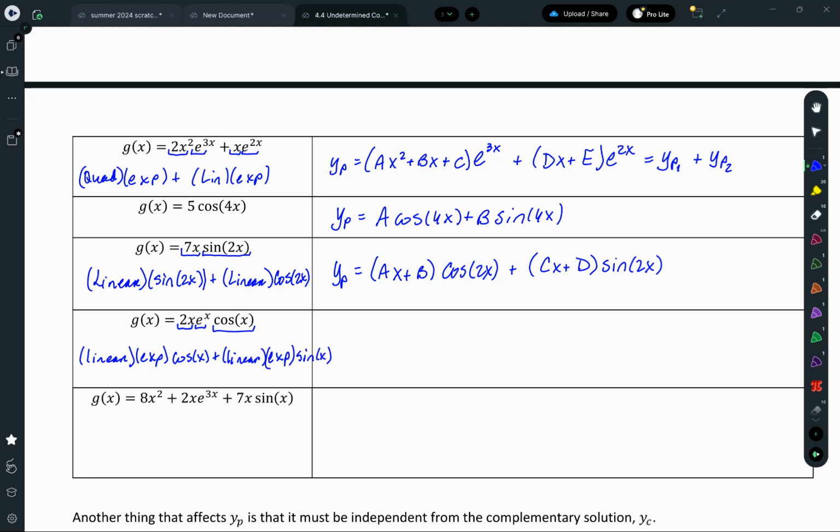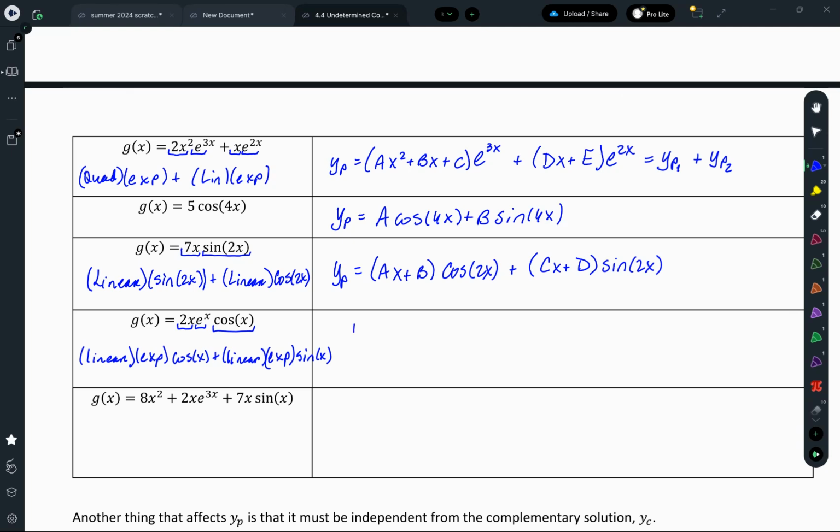Okay, now the exponential itself is just e to the x. That's it. So it's not a new exponential for each one. The linear coefficients will make it unique, because those coefficients will be different from each other. We won't get the same linear function, and when we multiply out a linear times an exponential times the sine of x versus a linear times an exponential times a cosine of x, we'll see that each of the exponentials has got its own unique constant.